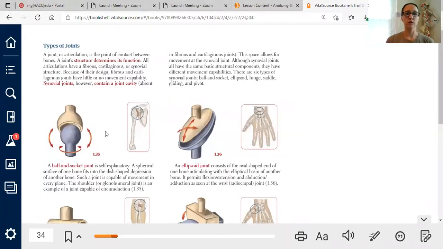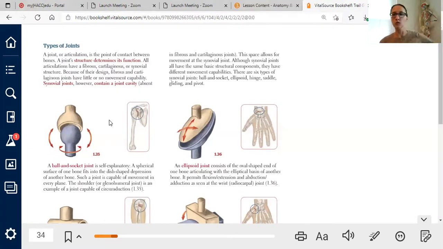So we start here with a ball and socket joint. It's what it sounds like. It is a spherical ball type articulation point with a cup-like articulation point, or dish-shaped, the book says. So this type of joint is capable of movement on every plane: the sagittal, the frontal, and the transverse plane.